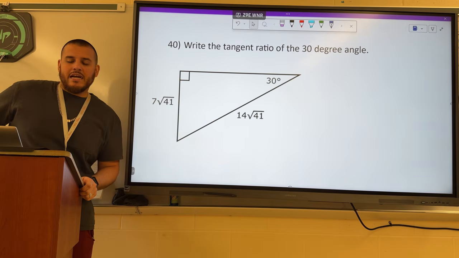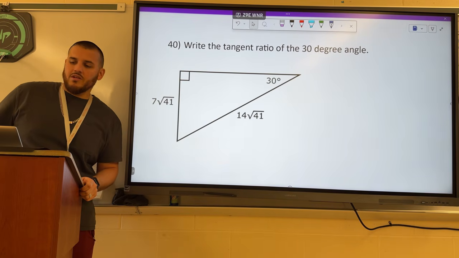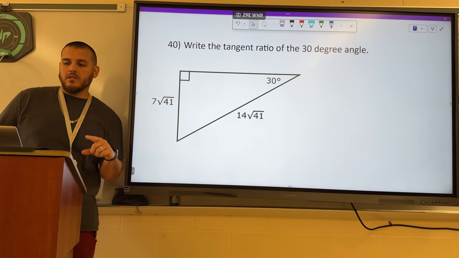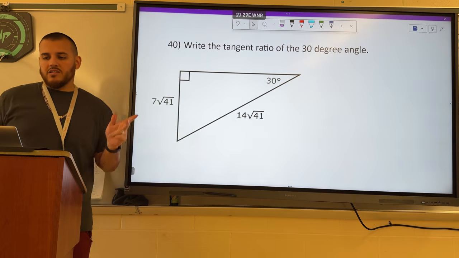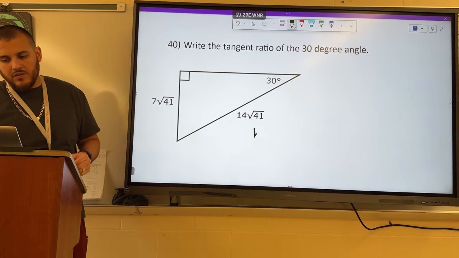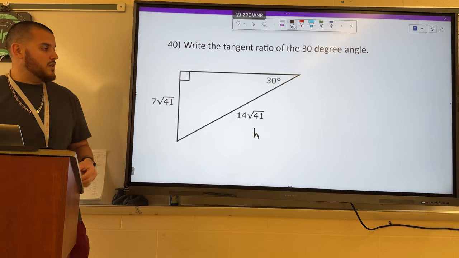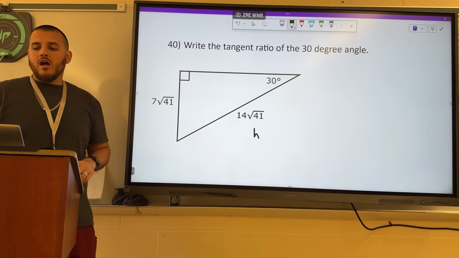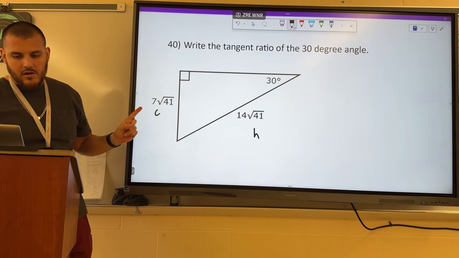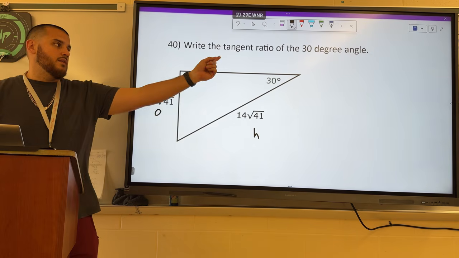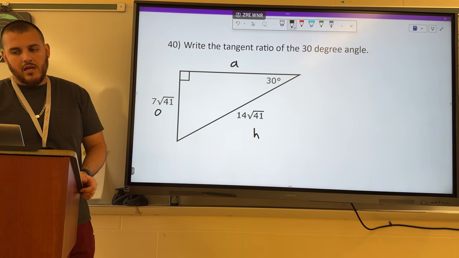And one more time, we were asked for a tangent ratio, another trig ratio involved here, of the 30-degree angle. So for trigonometry, we're labeling again our sides hypotenuse, opposite, adjacent. Our hypotenuse here would be 14 times the root of 41 because that is across from the right angle. Our opposite side of our 30 degrees would be the 7 times the root of 41, and then that last side there would be my adjacent side.